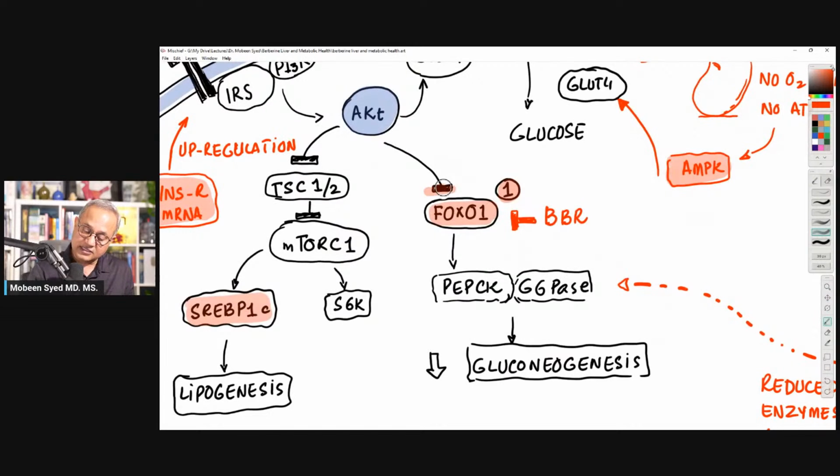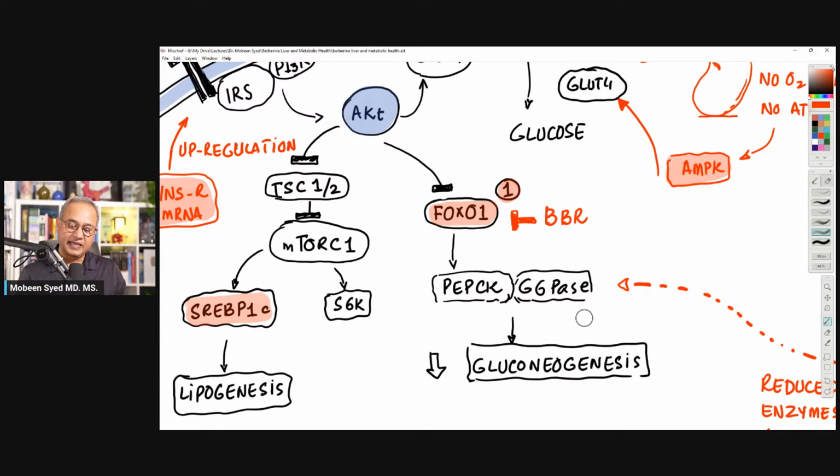In addition to that, see this block diagram? AKT blocks a protein called FOXO1, or forkhead box O1. When FOXO1 is blocked, it reduces the production of these enzymes, and gluconeogenesis is reduced. That is the insulin pathway.